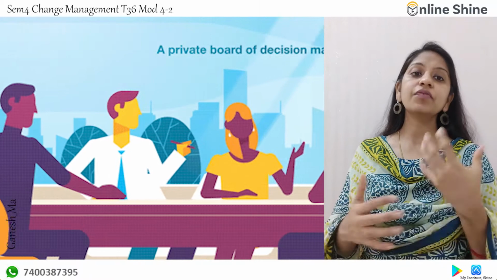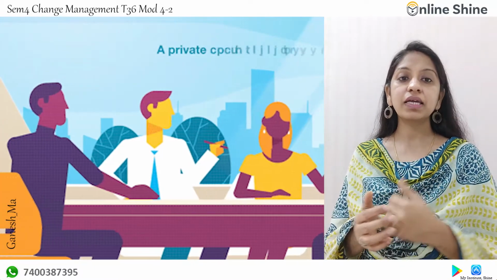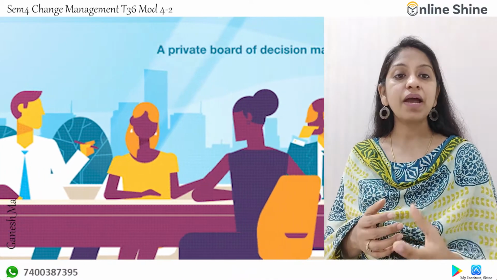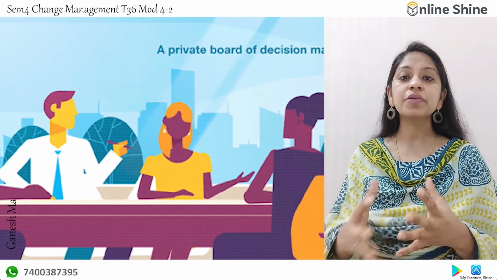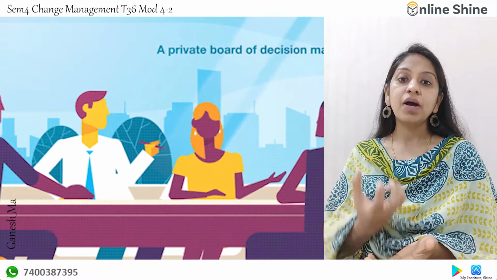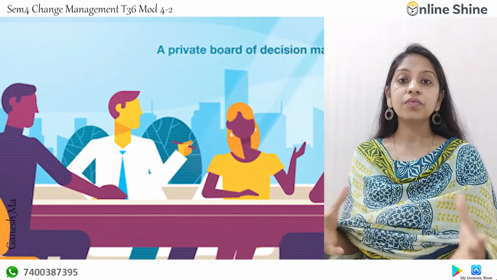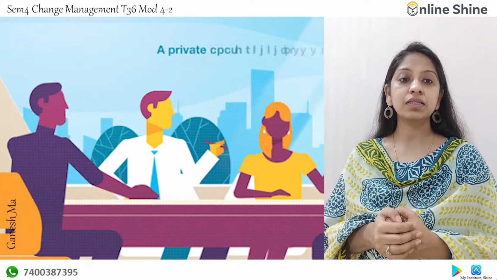So the objective of this T group is to increase the understanding, insight and self-awareness of one's behavior and its impact on the other. That includes the way in which others interpret one's behavior. So here we are learning about the T group, that in training group, what is the main thing? The behavior of one towards the other.